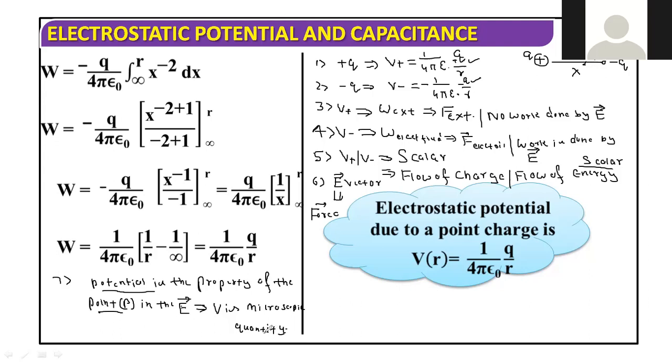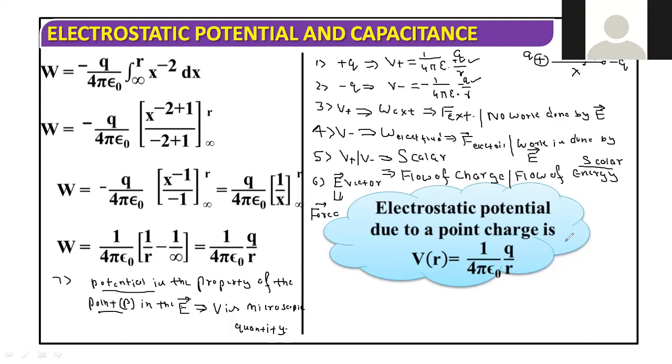So these are the important points about the potential. Potential is inversely proportional to R. Potential is classified as positive potential or negative potential. Positive potential means work is done by the external agent. Force is applied by the external agent so that the charge can move within the electric field against the repulsive force of the charge.